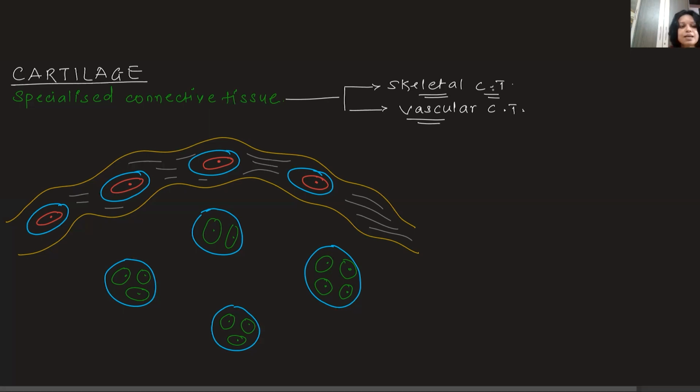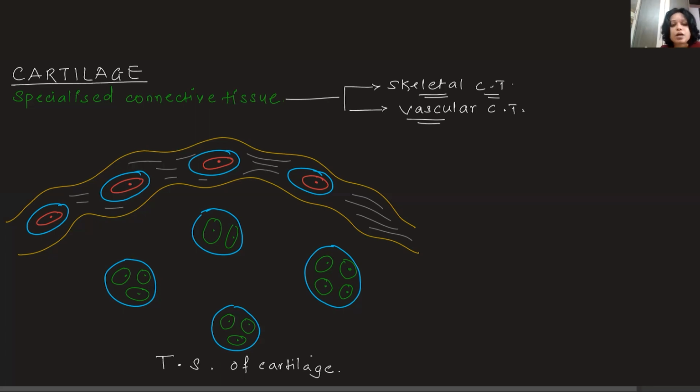We'll first understand the TS of cartilage, the generalized structure of cartilage. For that, I have drawn a diagram showing the features which appear in the TS of cartilage. So this is the TS of cartilage.